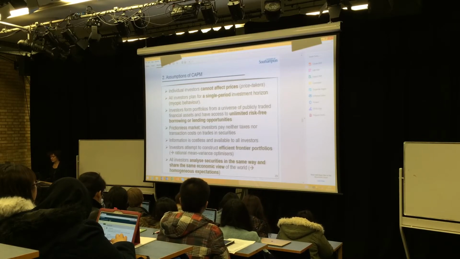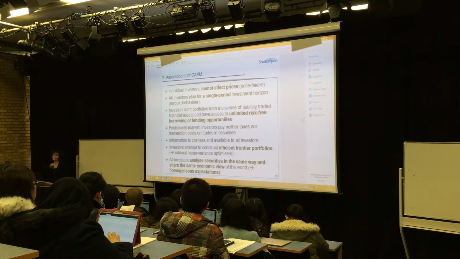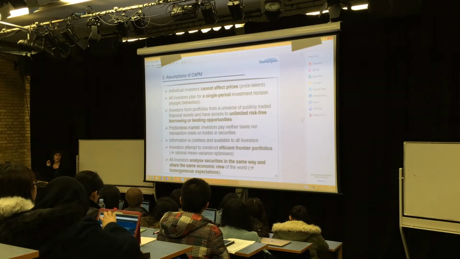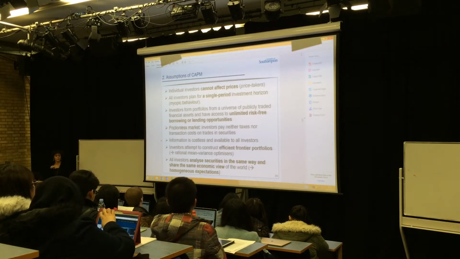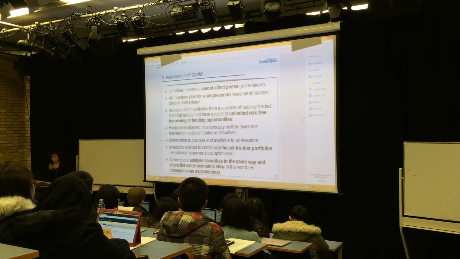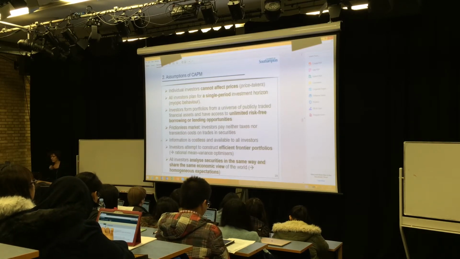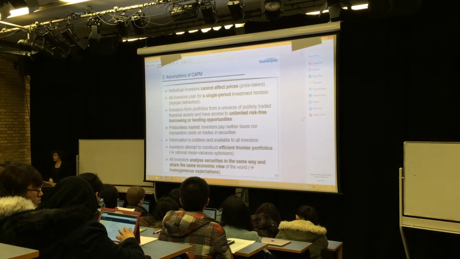Investors are rational, so they try to define the portfolio by applying the mean and variance rules we have seen before. When they select the portfolio, they do so in order to find the optimal portfolio based on the logic of mean and variance.